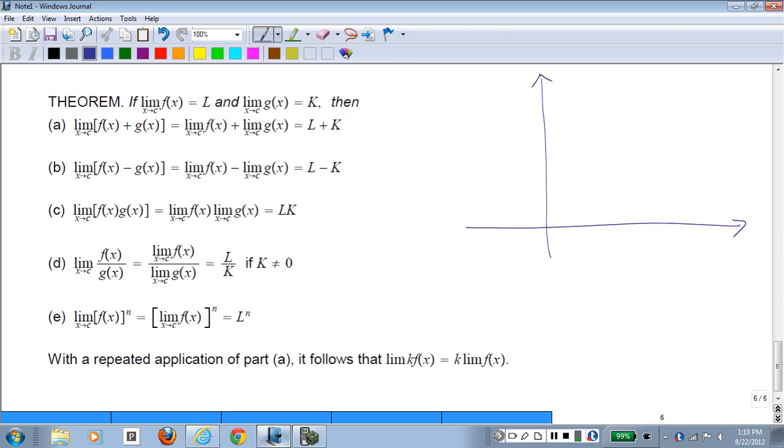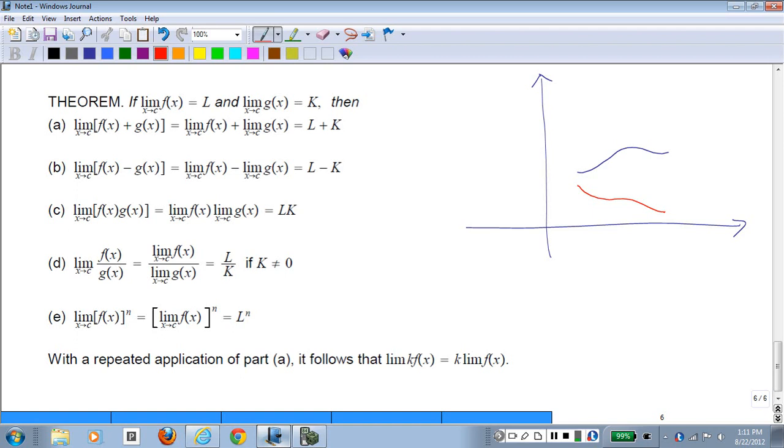I may not necessarily have to keep it all that linear. So we've got the function f, let's say in blue, and the function g, maybe in red if we can tell the difference. This could be tough.